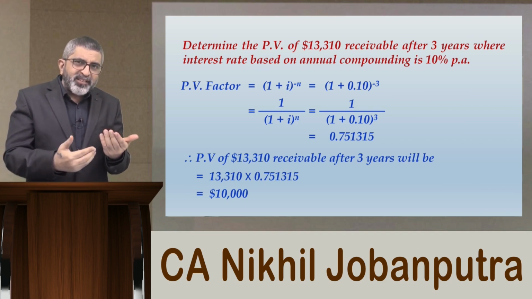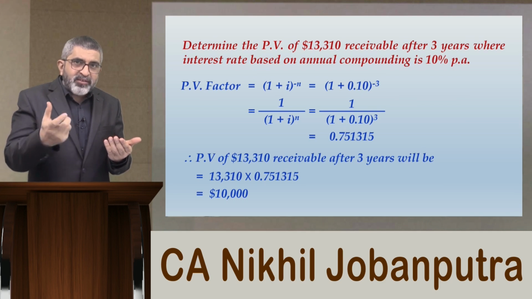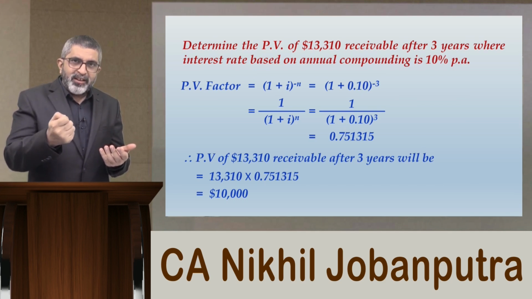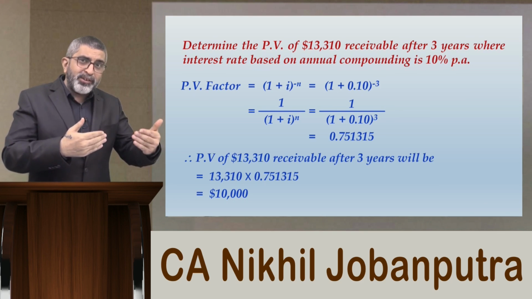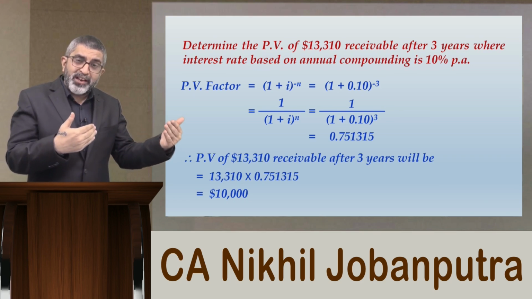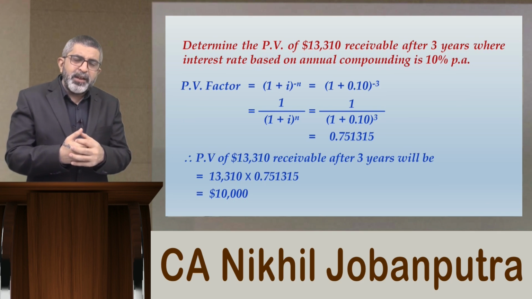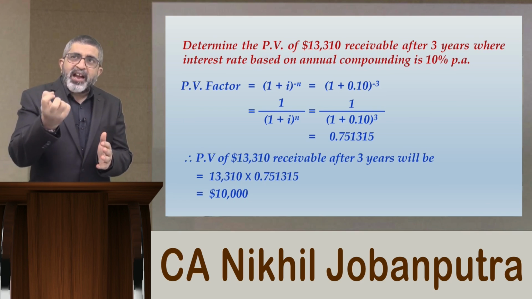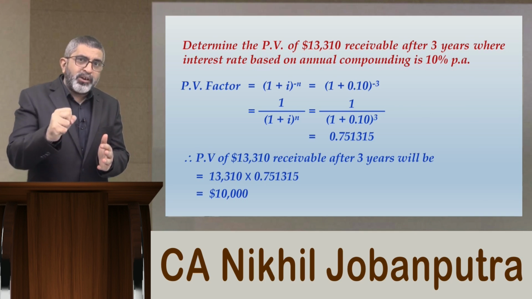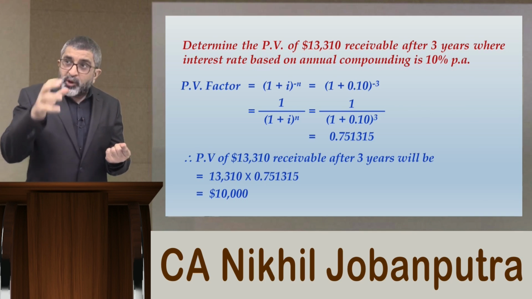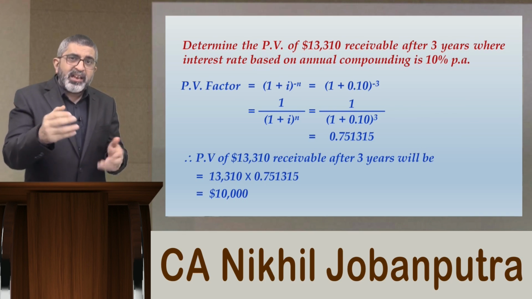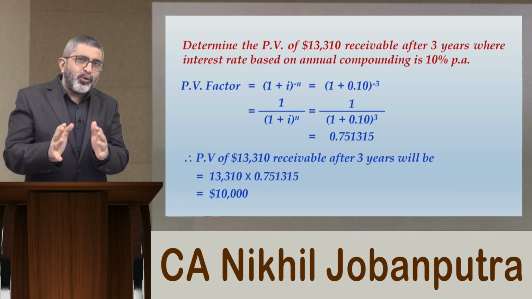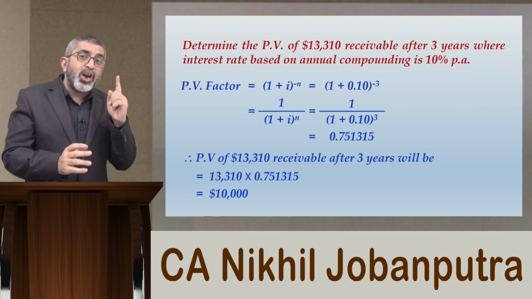Now from the perspective of an investor, what exactly is the discounting rate? We are going to have extensive discussion about discounting rate in the classes ahead, but as of now you should understand this discounting rate is a kind of expected rate of return for the investor, because investor is expecting that rate of return, and that is also considered as cutoff rate.